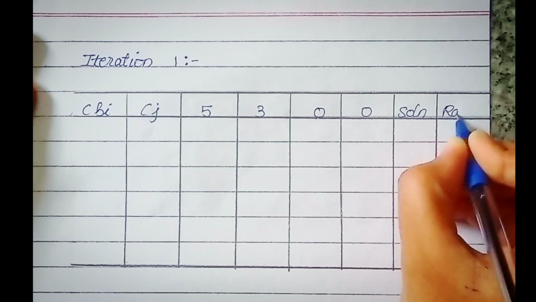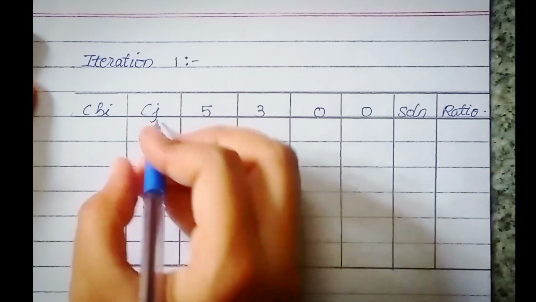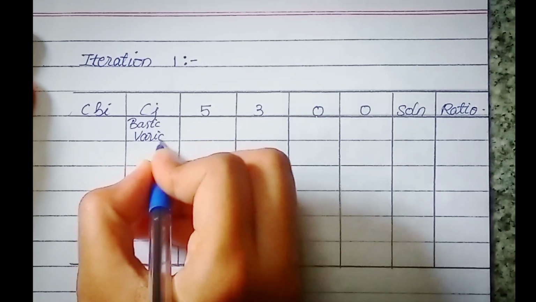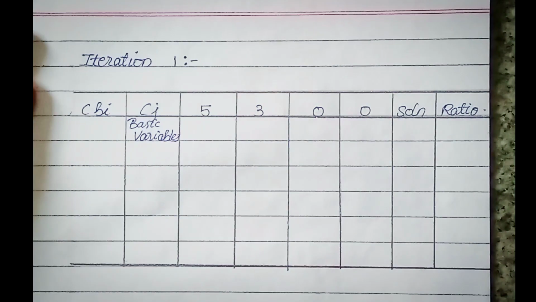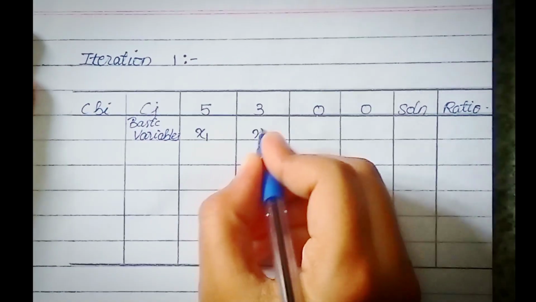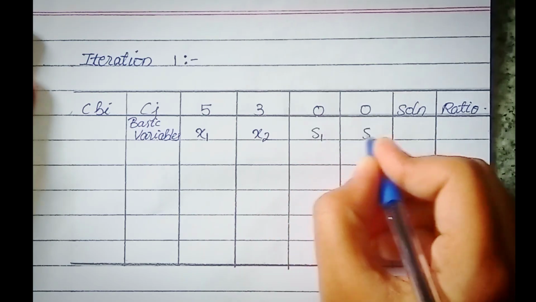Solution, ratio. Basic variable. Basic variables are nothing but the variables which are there in the maximize Z, that is x1, x2, s1, s2.